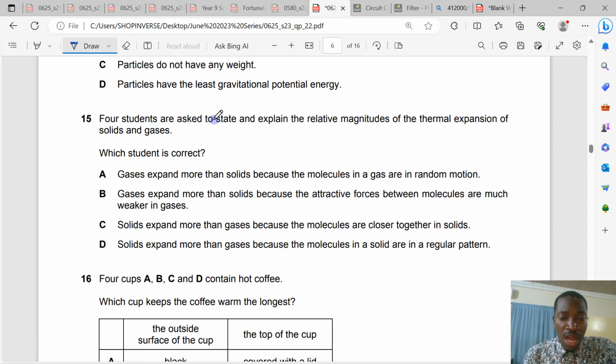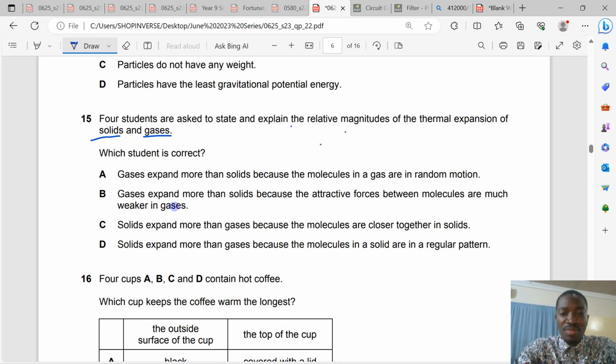Four students are asked to state and explain the relative magnitude of thermal expansion of solids and gases. Which student is correct? The first student says gases expand more than solids because the molecules in a gas are in random motion. No, that's not the reason. Gases expand more than solids because the attractive forces between molecules are much weaker in gases. True.